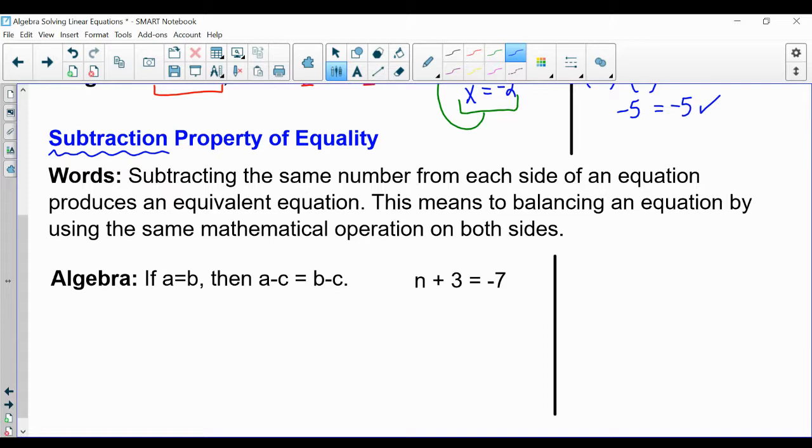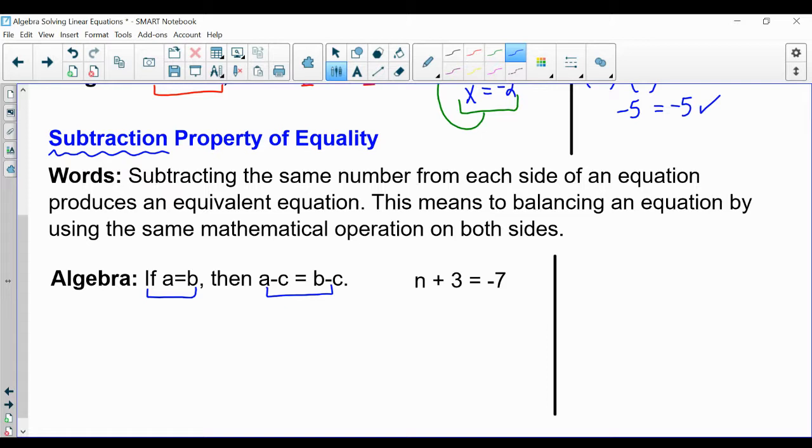This means balancing an equation by using the same mathematical operation on both sides. In my example, if A is equal to B, then A minus C is also going to be equal to B minus C. Looking at my operation, I see that I have a positive 3.